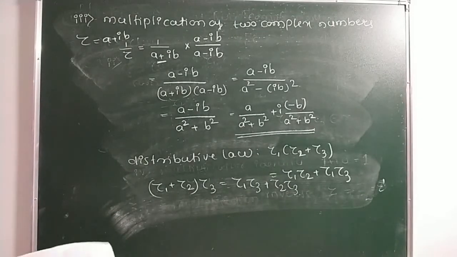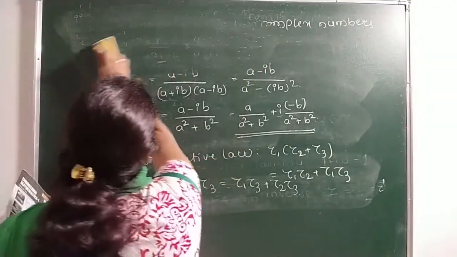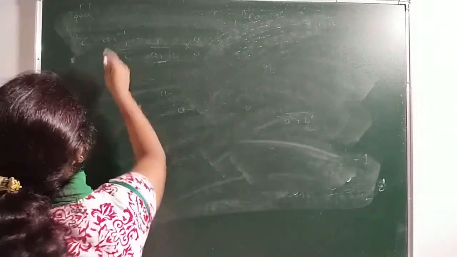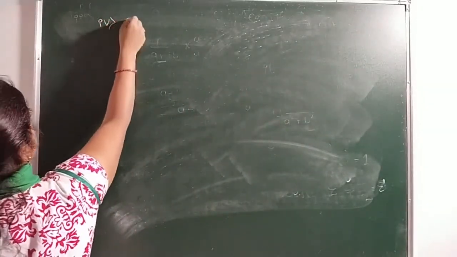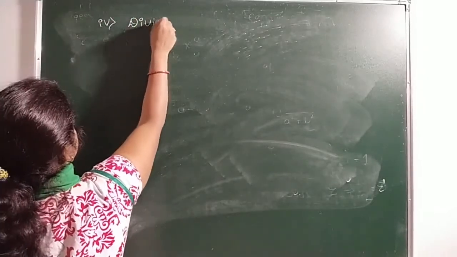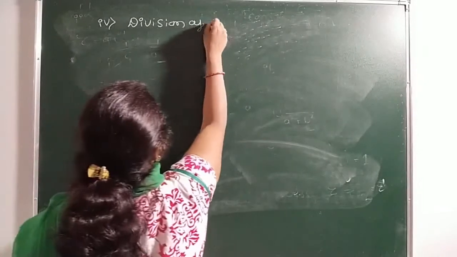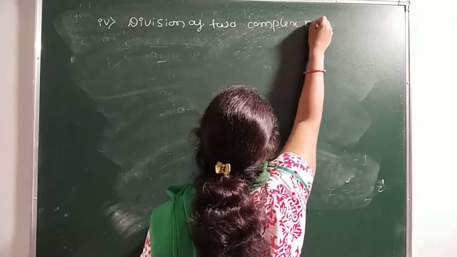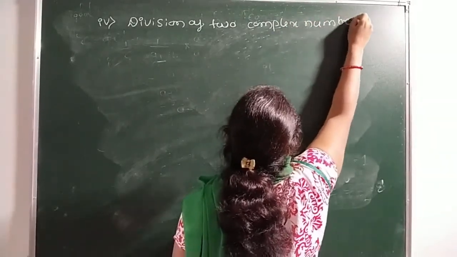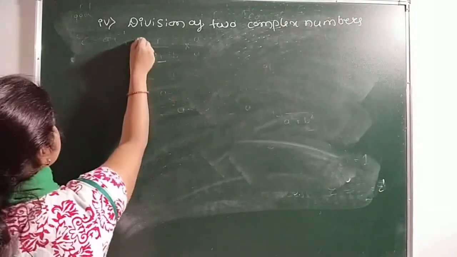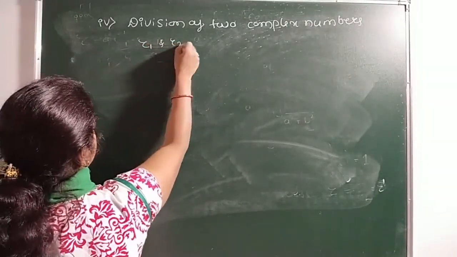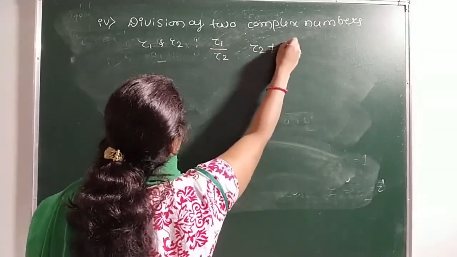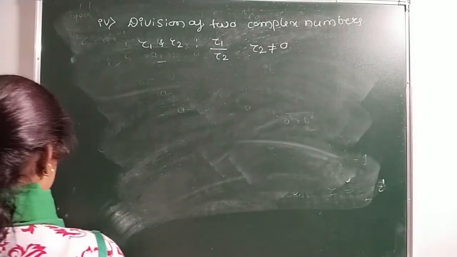Similarly, after the multiplication of two complex numbers, the last algebraic operation is division. How to simplify that division term: division of two complex numbers Z1 and Z2 means Z1 divided by Z2, but Z2 can never be 0.